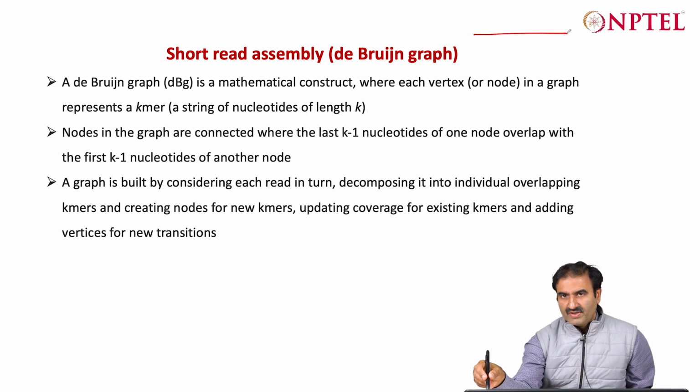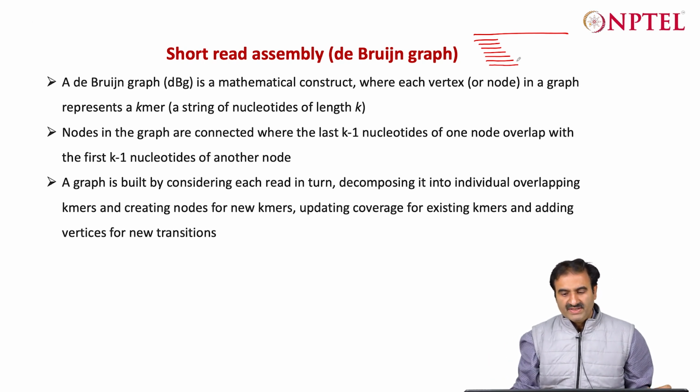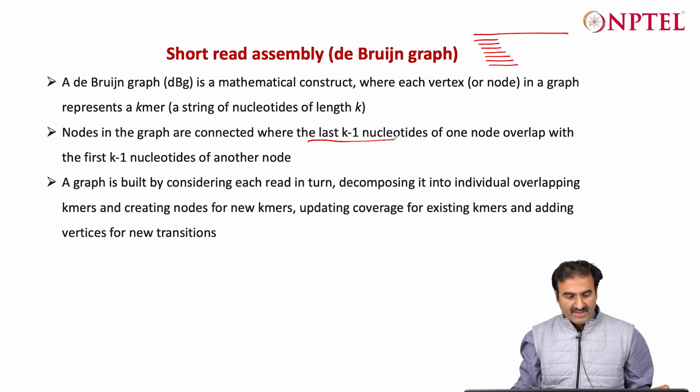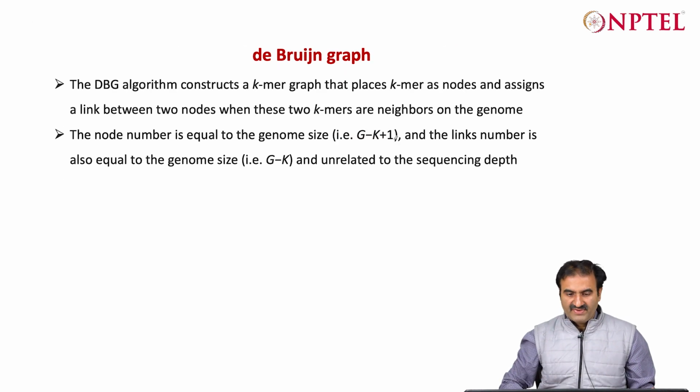This was your read, and I will be breaking that into overlapping kmers with a window size equivalent to the length of the kmer, of length k. You will be deriving as many kmers from one read as the length of the DNA minus k plus 1, and then you will be arranging those kmers in a form that you can connect them together. You will see here.